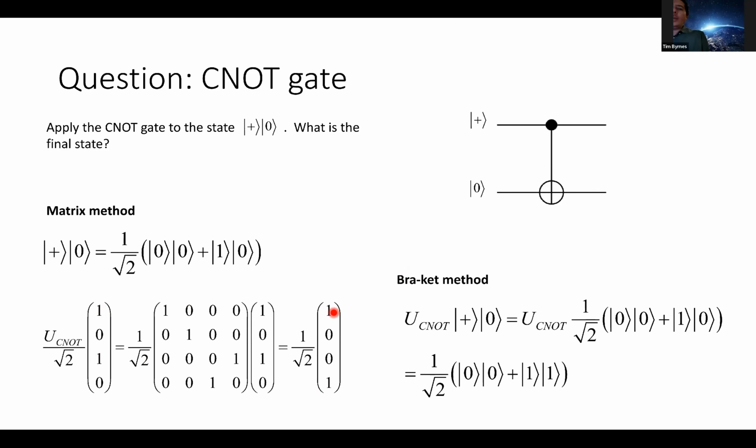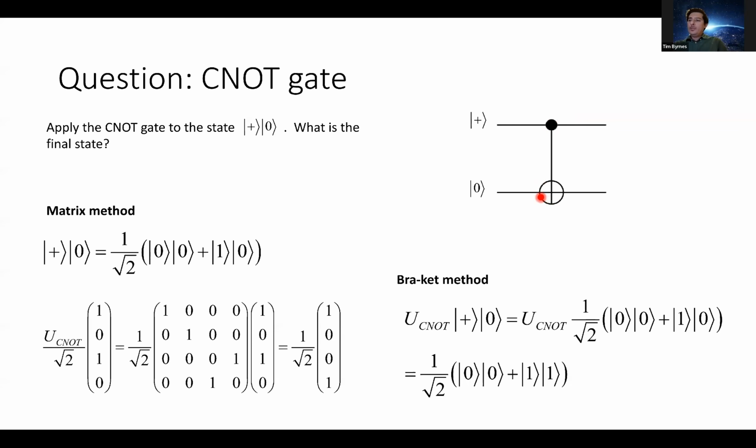You can do it like that, but I would prefer this bracket method. The way to remember the C naught is that this diagram gives you a lot of hints. Basically the rule is that if the first one is 0, then do nothing to this one. If the first one is 1, then flip it.